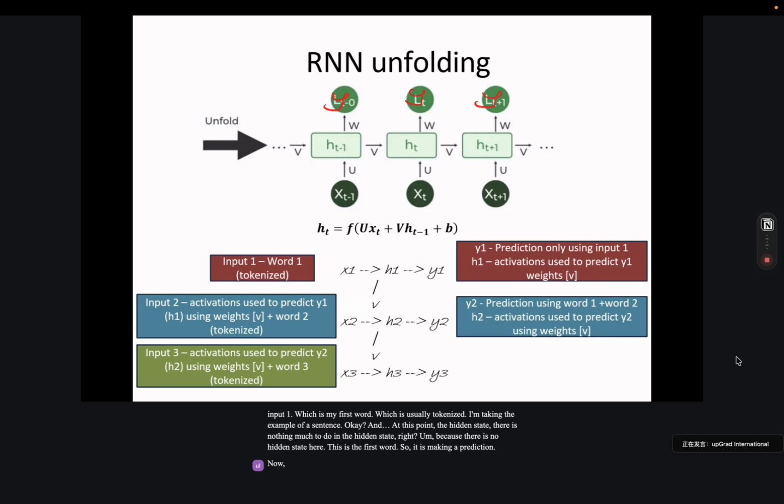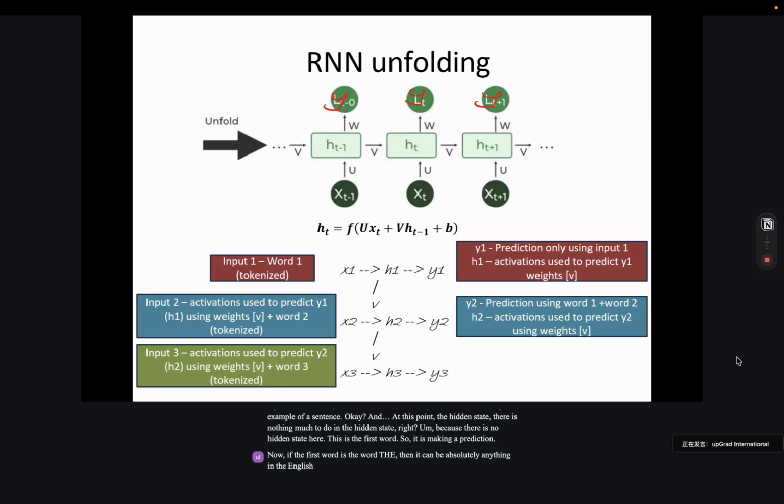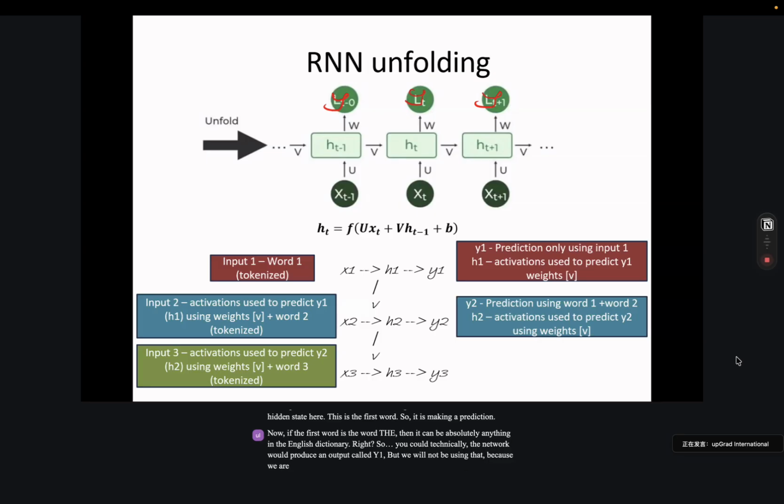Now, if the first word is the word the, then it can be absolutely anything in the English dictionary, right? So technically the network would produce an output called Y1, but we will not be using that because we are interested in the final word.